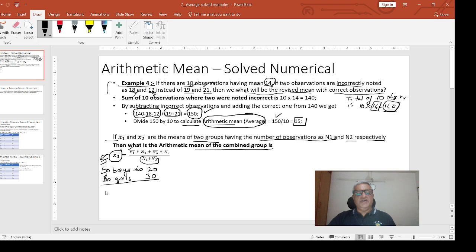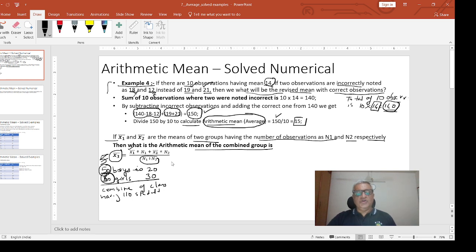So I want to find the combined average of a class having 110 students. And why 110 students? Because the class comprises 50 boys and 60 girls.